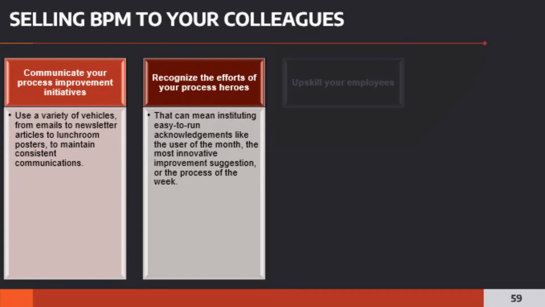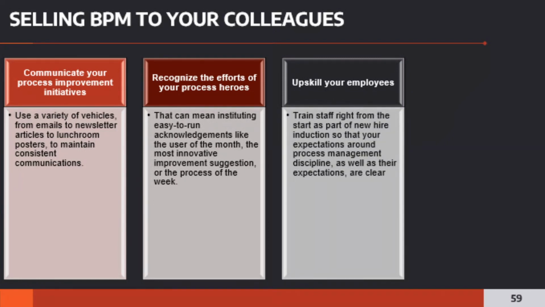The third selling point of your BPM to your colleagues is to upskill your employees and train your staff. Okay, right from the start, you need to train your staff as part of the new hire induction, so that your expectations around the process management discipline, as well as their expectations, are clear.